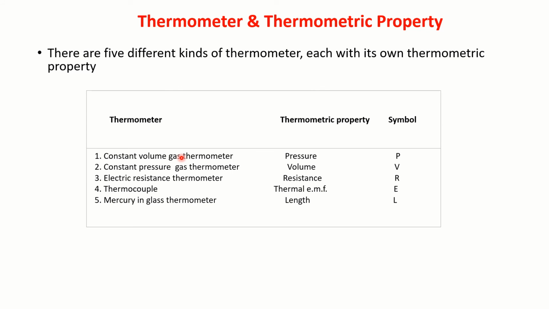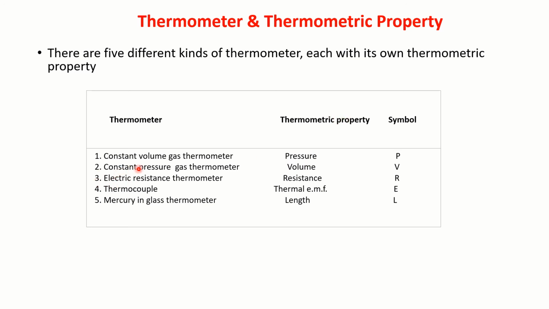It has a volume and a certain pressure. Then I dip this thermometer into a hot body. Since the volume is the same, when heat is transferred to this gas, its pressure will increase. So the change in pressure is what indicates the temperature of the body. So pressure becomes the thermometric property.